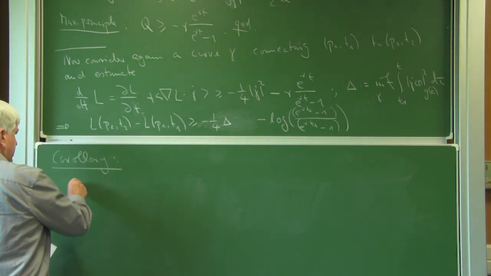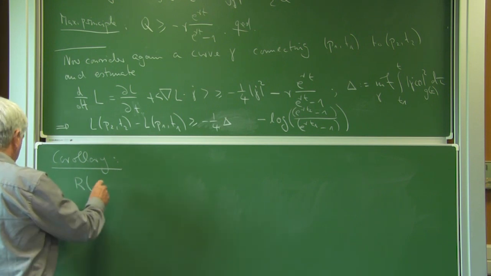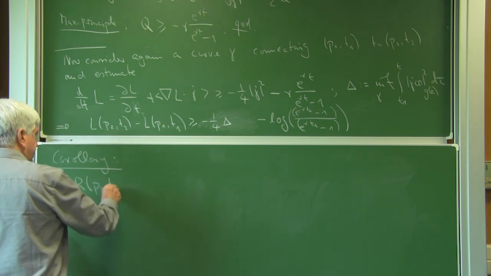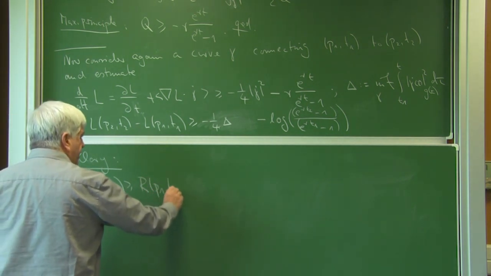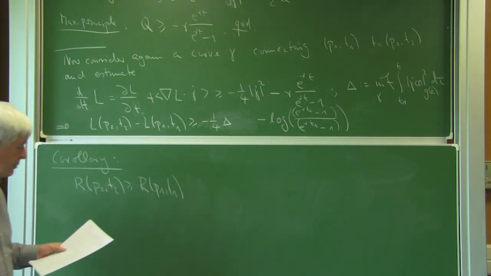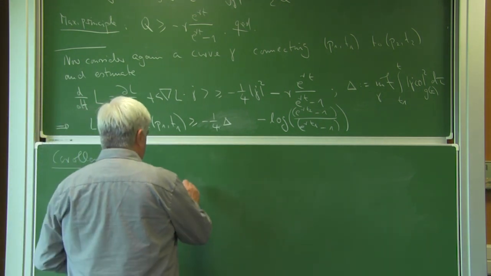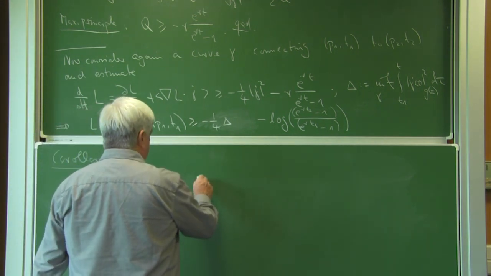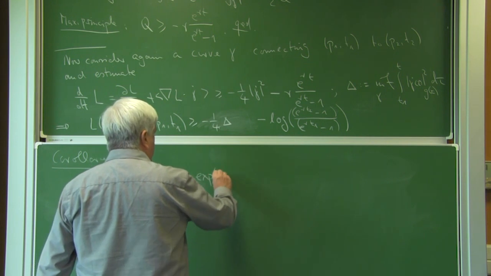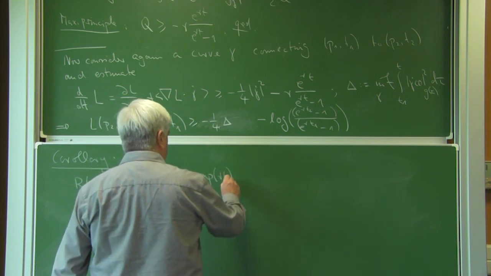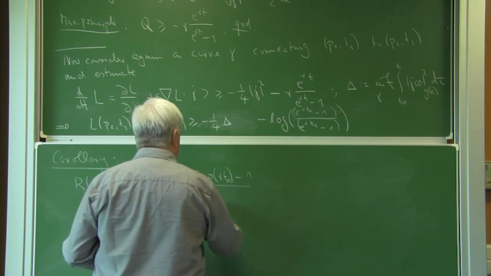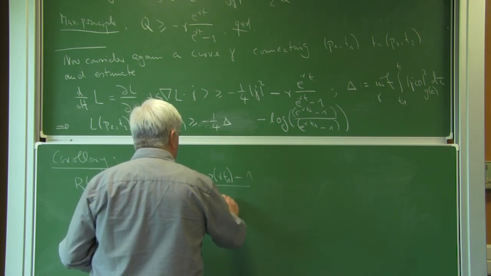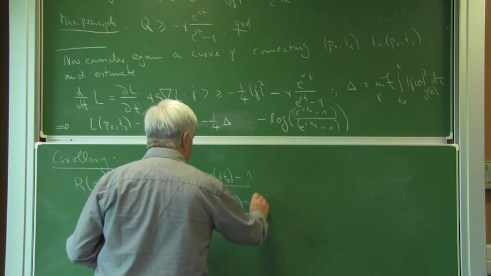We get that the scalar curvature at the later time is at least as big as the scalar curvature at an earlier time, times e to the rt1 minus 1 divided by e to the rt2 minus 1.